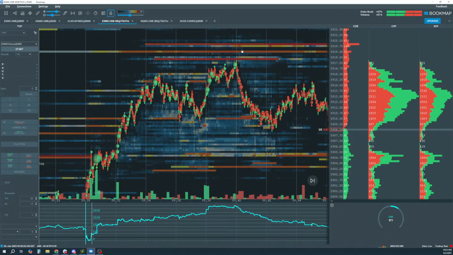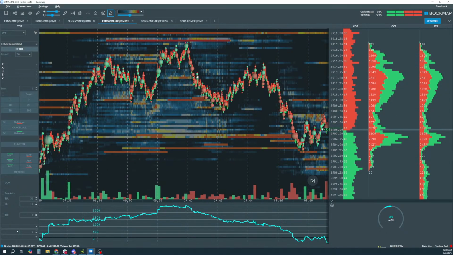So what happens? Well, the auction ends up here. It's finished. And then we rotate lower, and we see sellers down here. They break this structure and they trade into this liquidity down here. So we're seeing a flow, a change here.